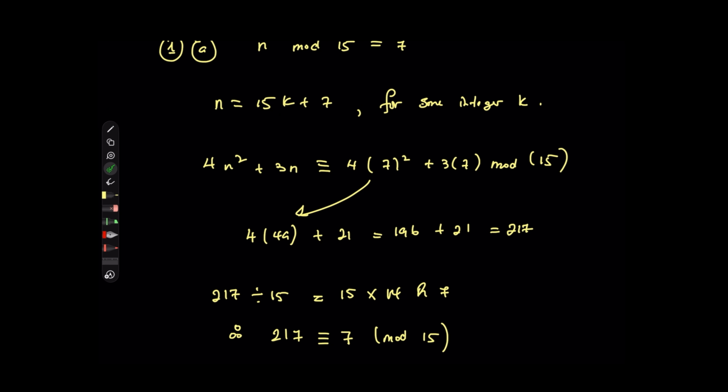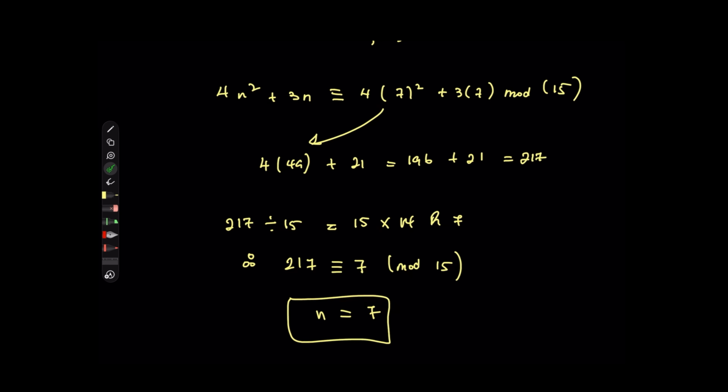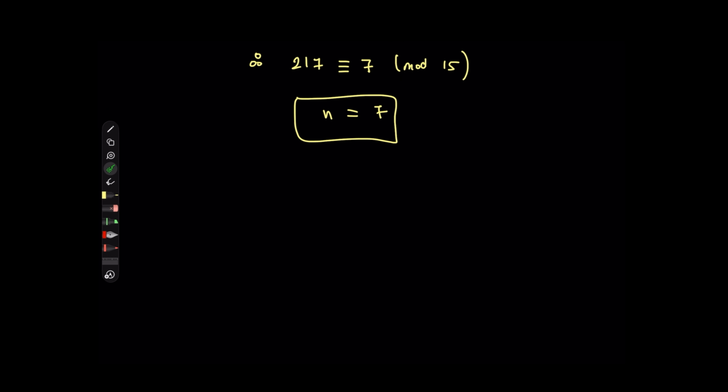Any term that has a factor of 15 will disappear when we take the remainder mod 15. So if I directly substitute n to be 15k plus 7, I have to get the same answer. So let's work it out like this now.